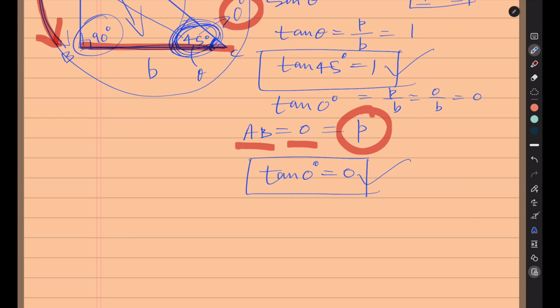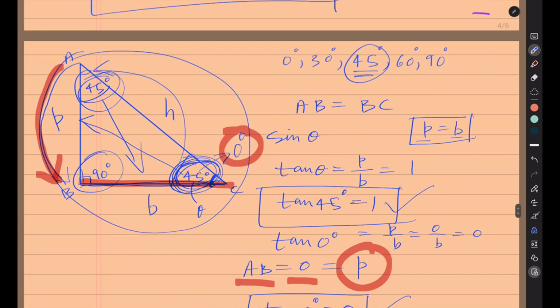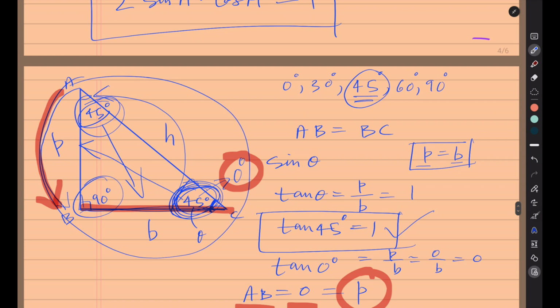Okay, let us imagine one more thing. Let us try to find tan 90 degree. Imagine this angle 45 degree, which is our base angle, becomes not 0 degree but 90 degree. What will happen then?